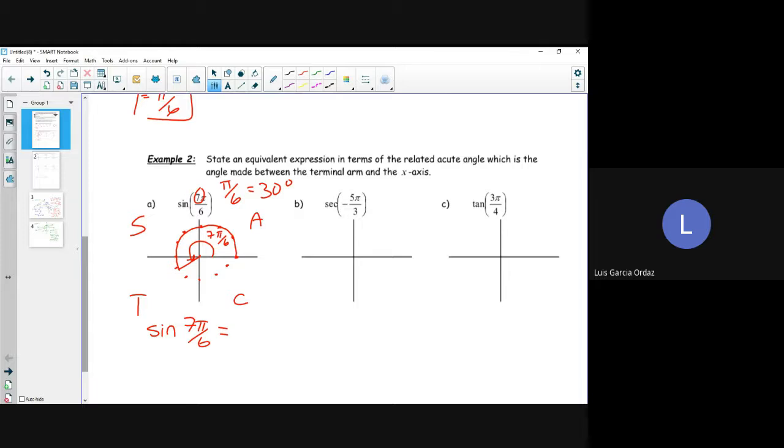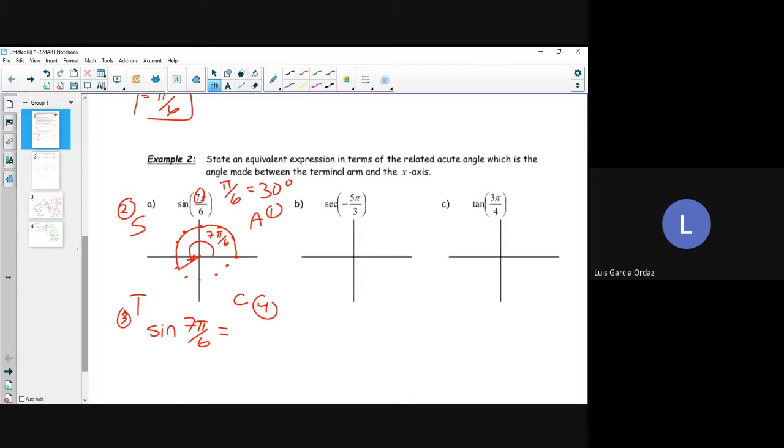Sine is positive in quadrant 2, but which quadrant does our terminal arm lie in? So is sine negative in quadrant 3? Yes.